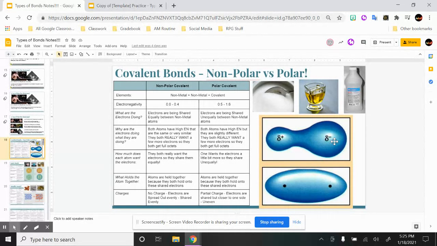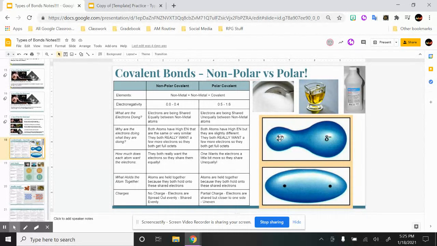They're not full charges, they're just partial. That's what this little symbol represents. So when one atom pulls the electrons closer to its side, it makes it a little bit negative. And because the electrons are pulled away from this other atom, it makes it a little bit positive. So polar means a separation of charges.